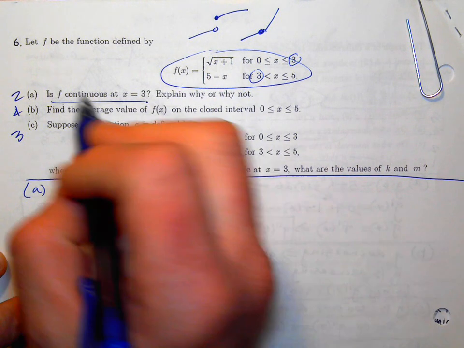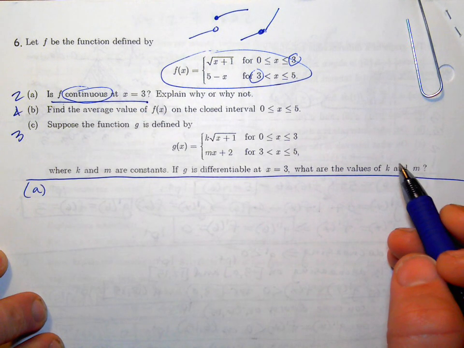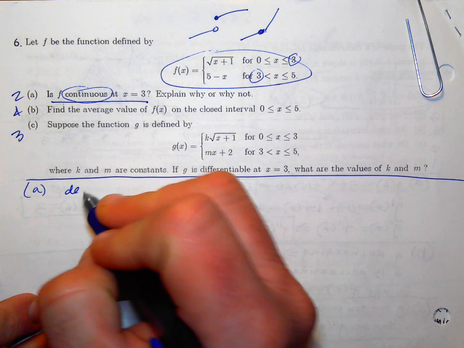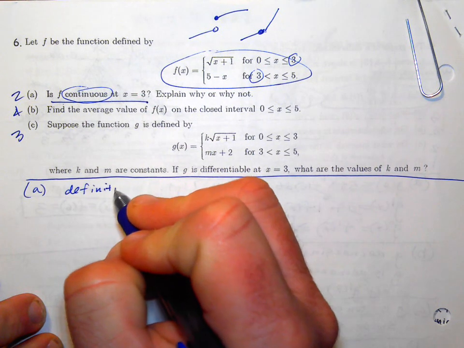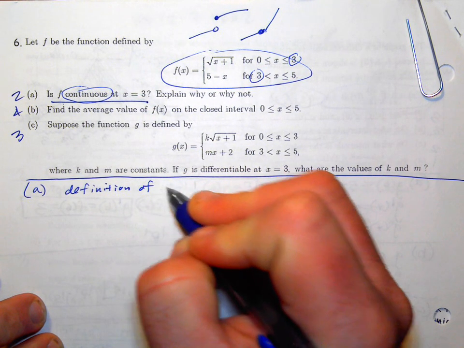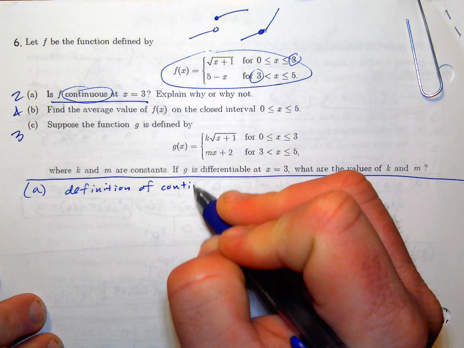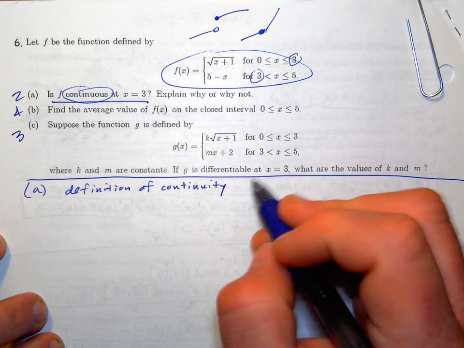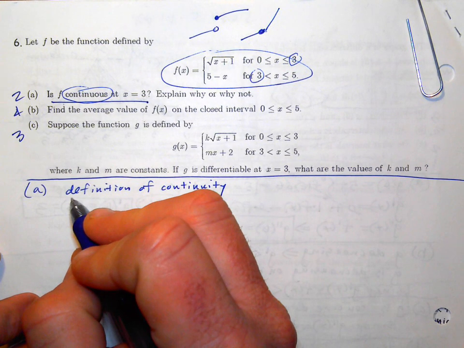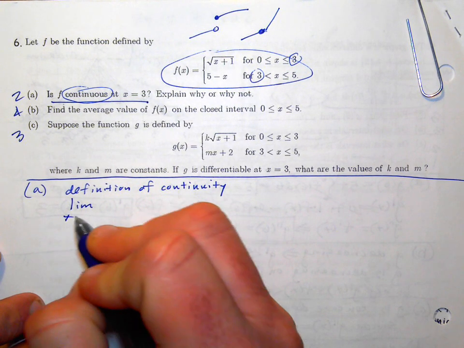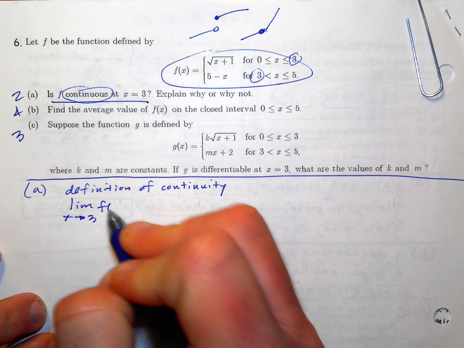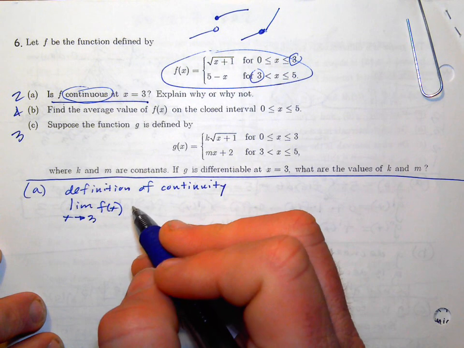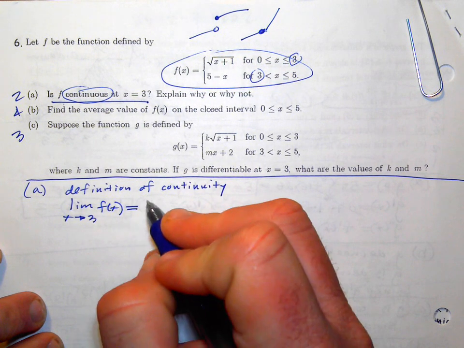But if you want to prove that something's continuous, you want to use what's called the definition of continuity. You don't need to write it down, but the definition of continuity says, this is what we're going to try and prove: that the limit as x approaches 3 of our function, which means from both sides because limits are two-sided, actually equals the value of the function there.